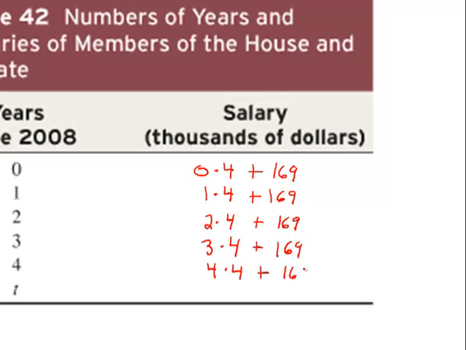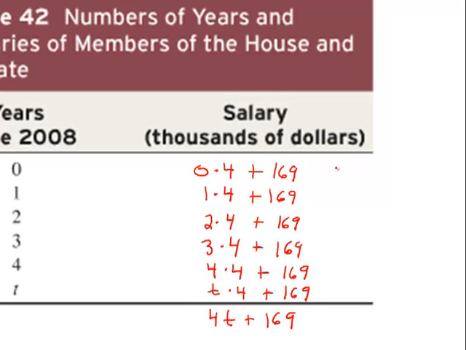And then for T, that would be T years since 2008, so that would be T times 4 plus 169. And this is our expression. Now normally we put the number first, so the expression would be 4T plus 169.